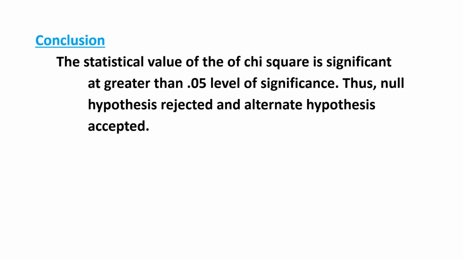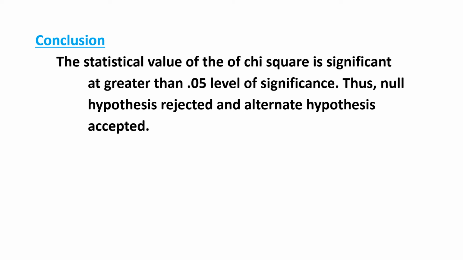Now what we have to do, as you know, is that after calculating our statistical value, we go to the table of the chi-square test, and there we look under the level of significance 0.05 at what is the critical value written there.